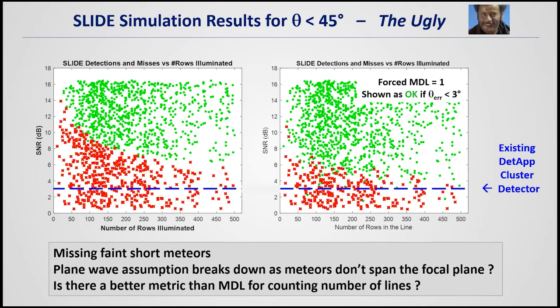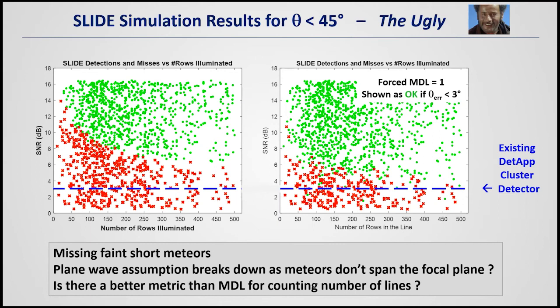We only looked at meteors simulated for angles of less than 45 degrees. But we're still having a problem there, even with the number of rows being fewer. It's basically missing very short and faint meteors, small SNR, small number of rows exposed in the image.